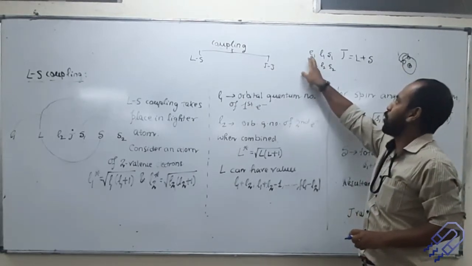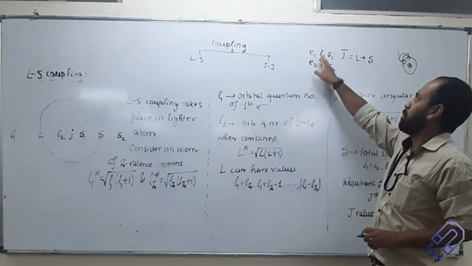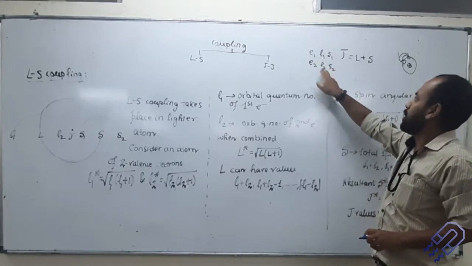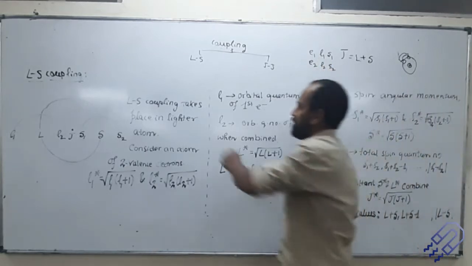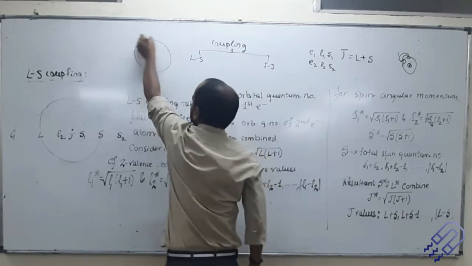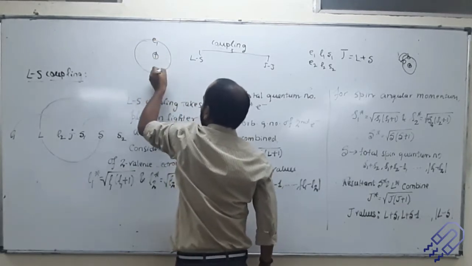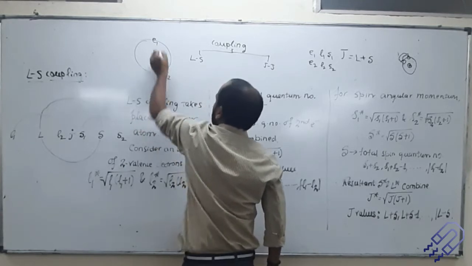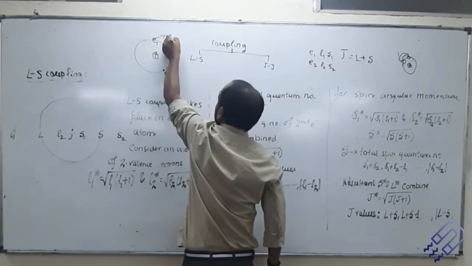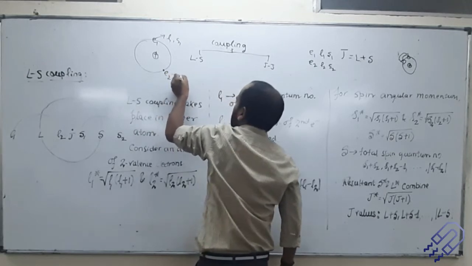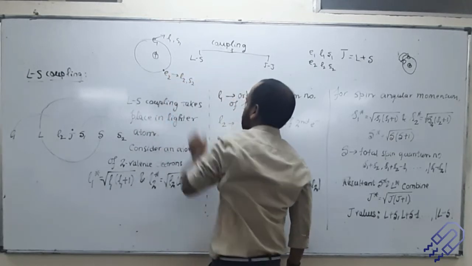If you have got one electron, it will have one quantum number L1, and the second electron will have a quantum number L2. Now imagine this. You have the nuclei, and you have the electron. This is electron 1, and let's say this is electron 2. इसका जो quantum number है वो है L1 S1. इसका जो quantum number है वो है L2 S2.